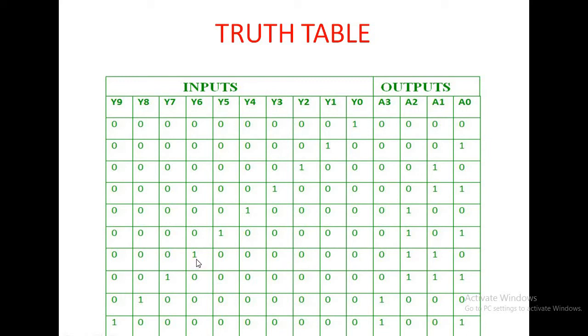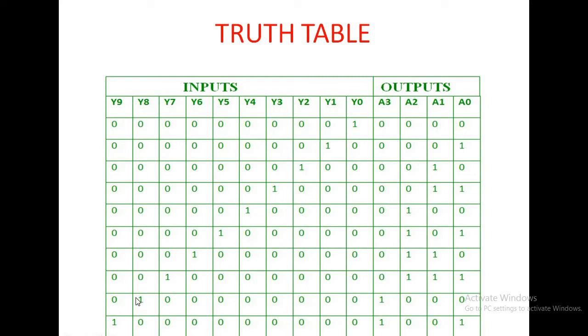Next, Y6 is active and all other inputs are 0, so the output is 110 because the binary equivalent of 6 is 110. Next, Y7 is 1 and all other inputs are 0. Since Y7 is active, the output is 111, and we know that the binary equivalent of 7 is 111.